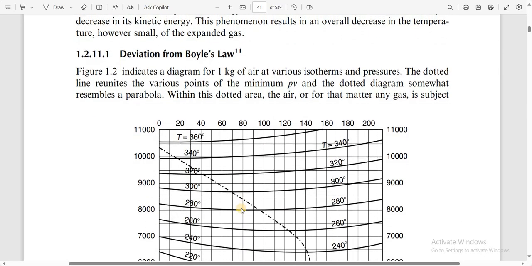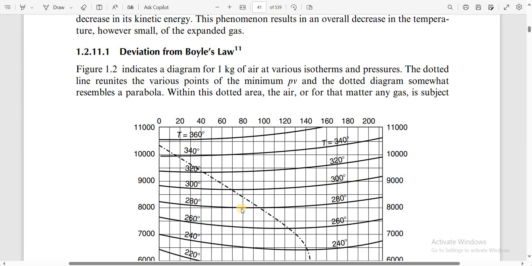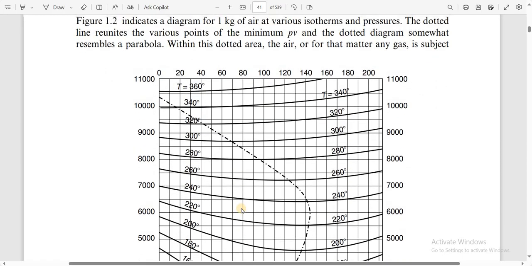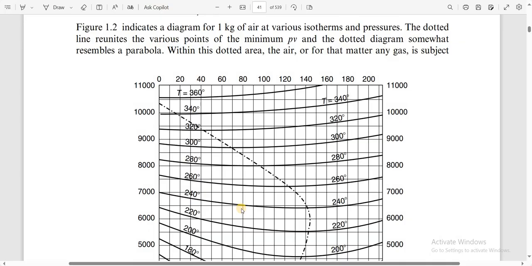Deviation from Boyle's law. Figure 1.2 indicates a diagram for 1 kg of gas at various isotherms and pressures. The dotted line unites the various points of the minimum PV on the diagram. It somewhat resembles a parabola.